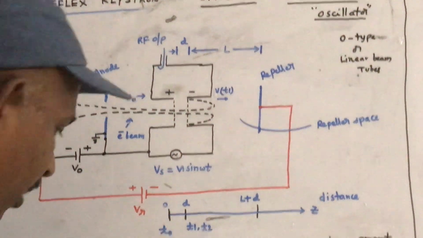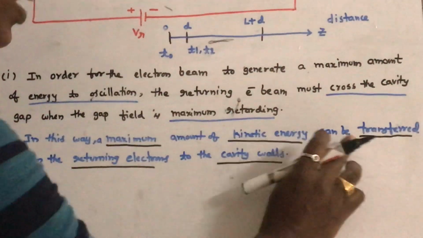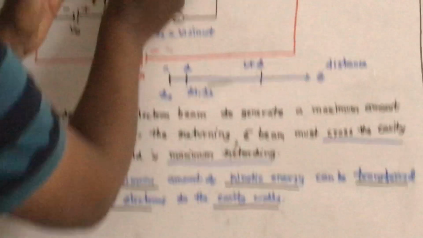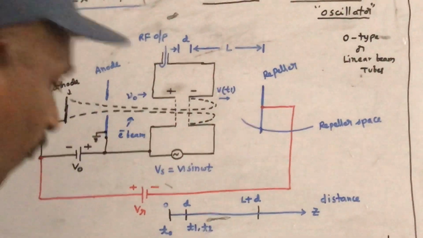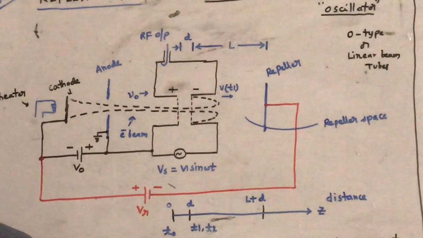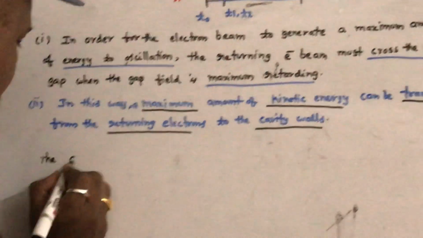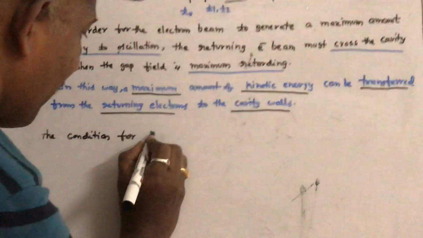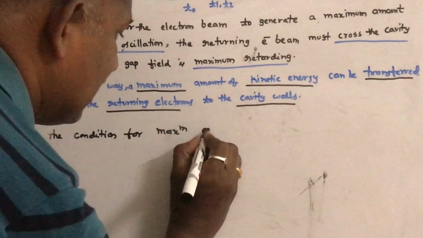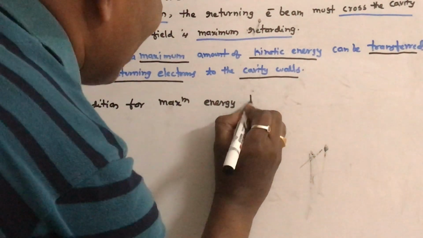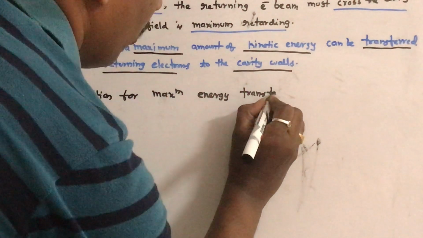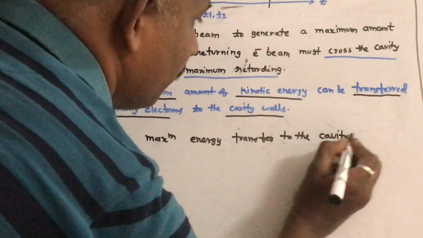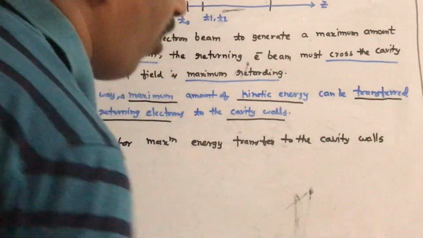Let us derive the condition for maximum energy transfer to the cavity walls by the electron bunch.